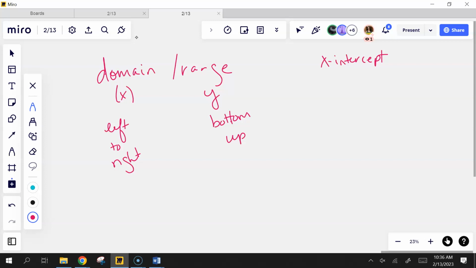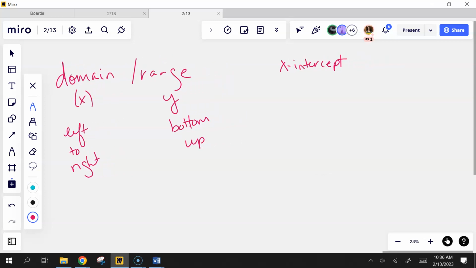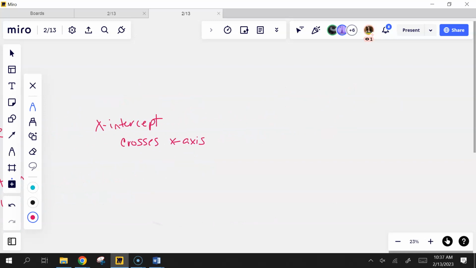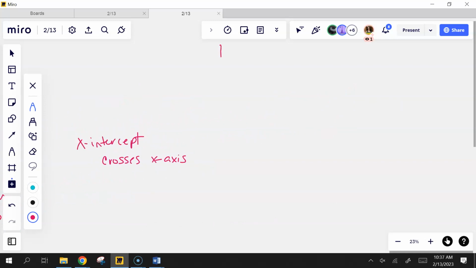All right. X-intercept. Tell me what that means. Crosses the x-axis. That's graphically. How about algebraically? What happens at an x-intercept? All right, let's think about this. Every time I cross the x-axis, what's 0?